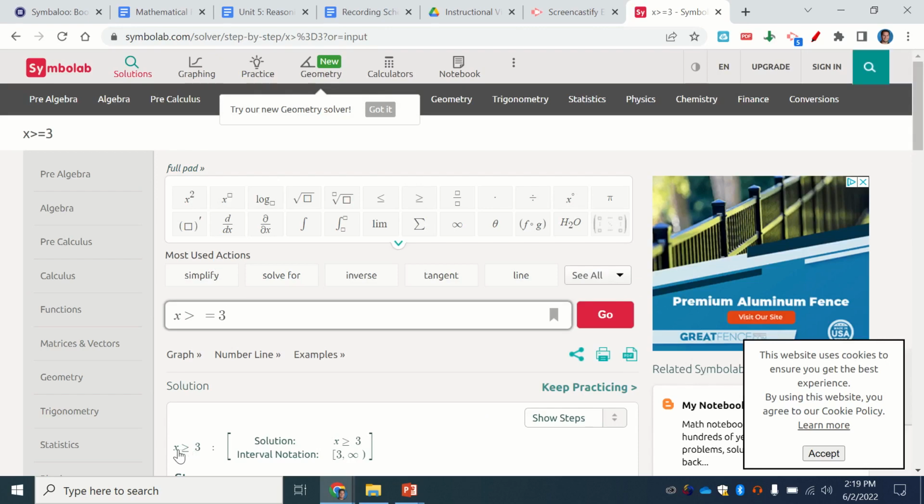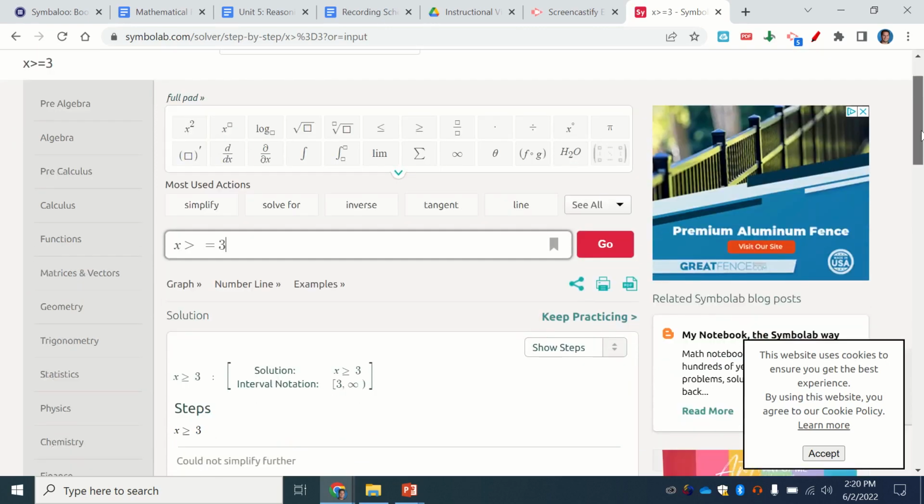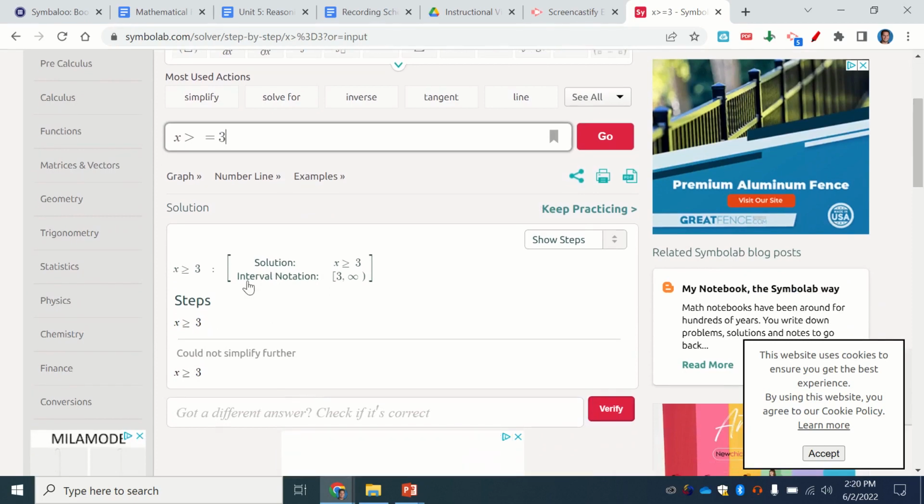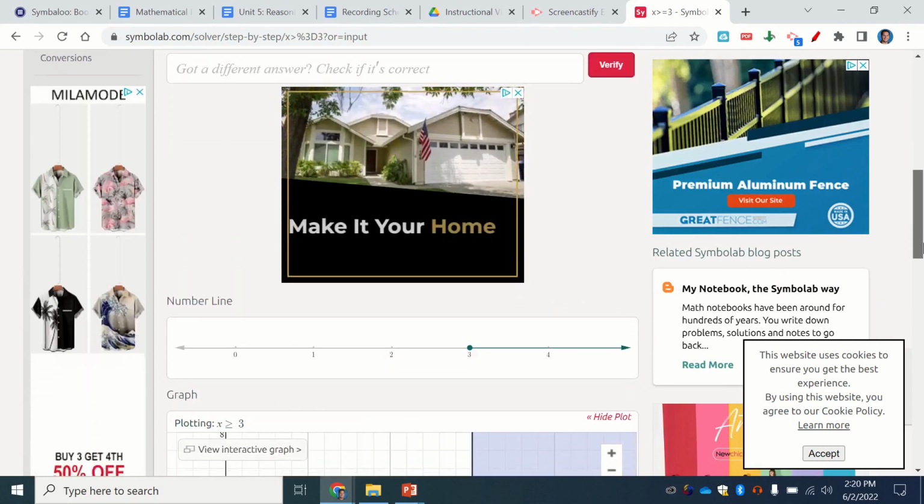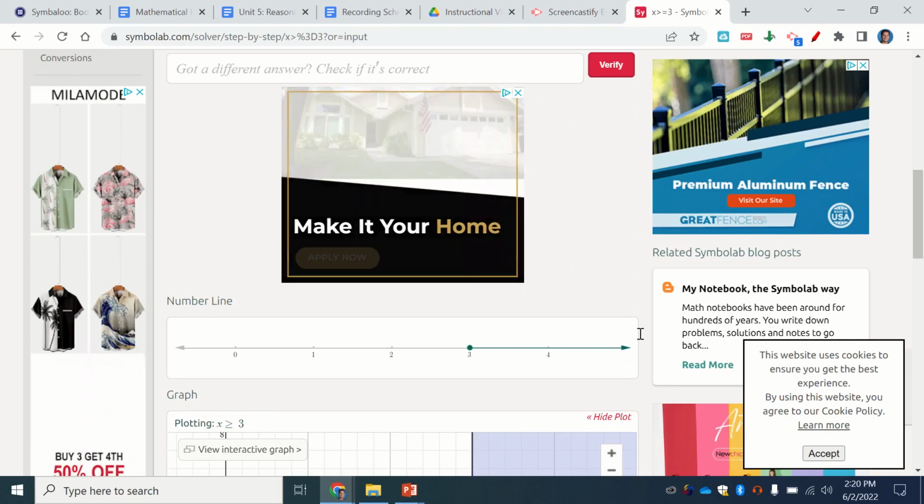And notice it says x is greater than or equal to 3, which is what we want. And if we scroll down, it'll solve it for us if it wasn't already solved for. But if we continue to scroll down, it'll plot this on the number line. So it gives us a point here at 3. It's closed in and then shaded to the right.